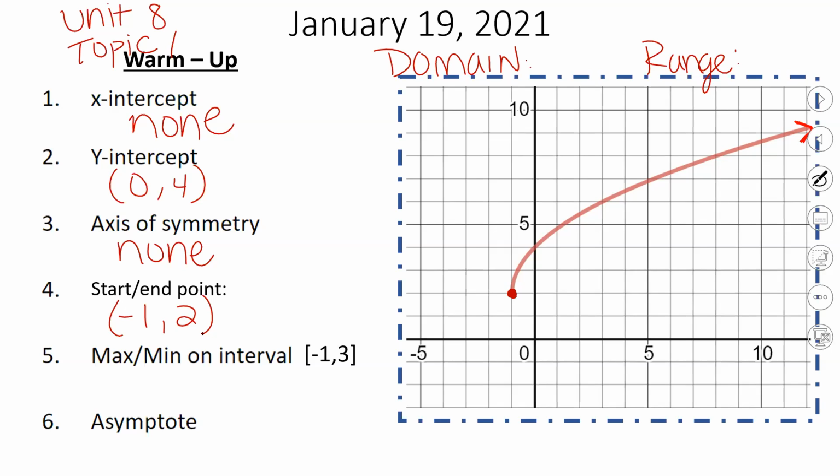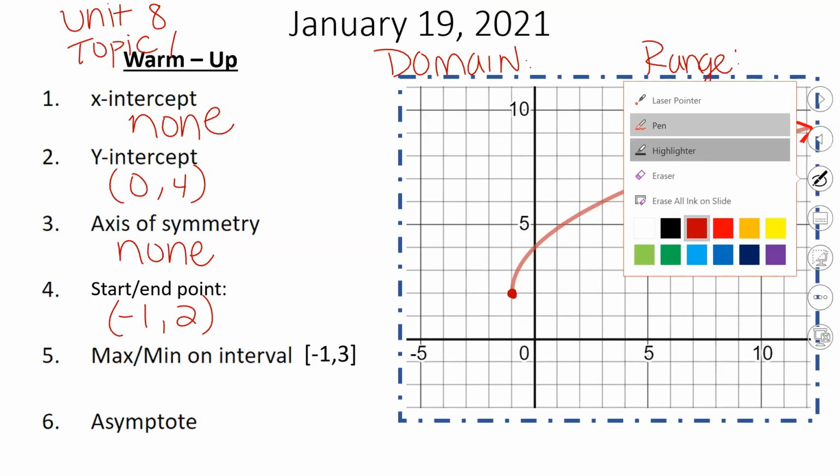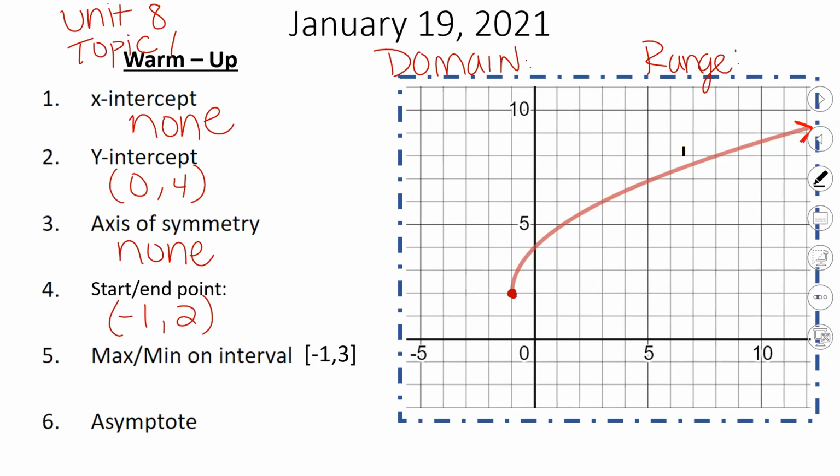Okay? Number 5 is my max and min on the interval [-1, 3]. So remember, I have to draw lines at -1 and at +3. Do I care about in between or outside? In between.